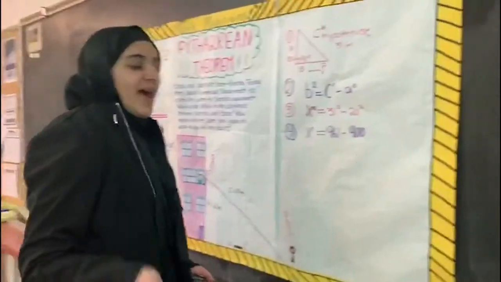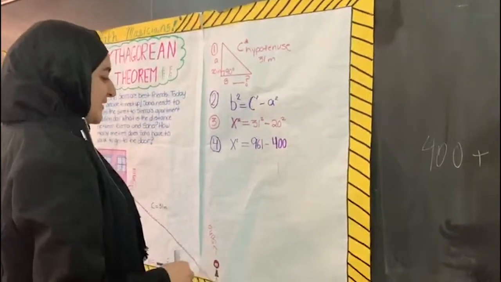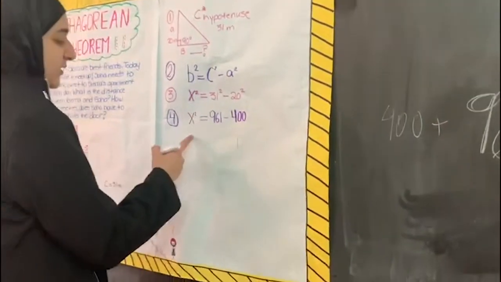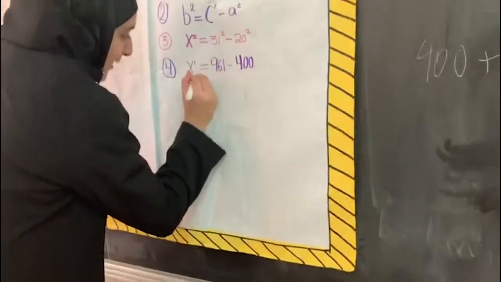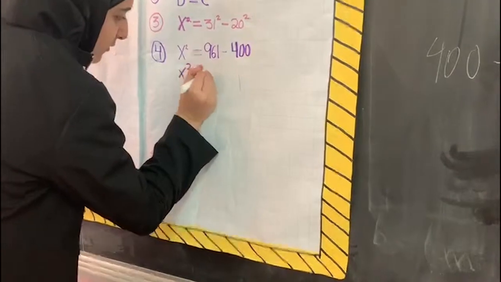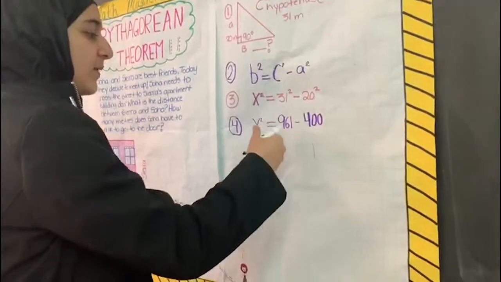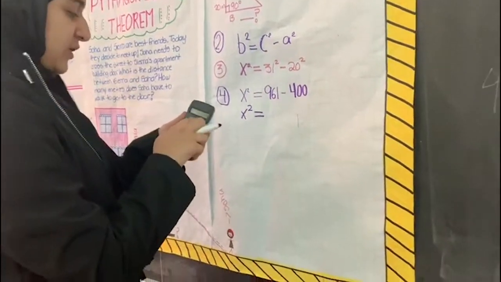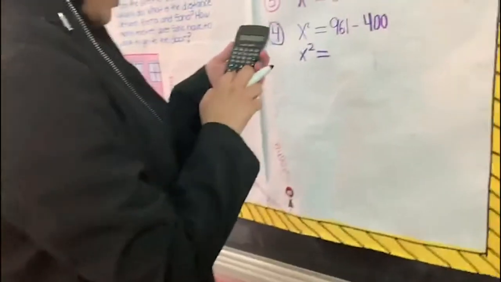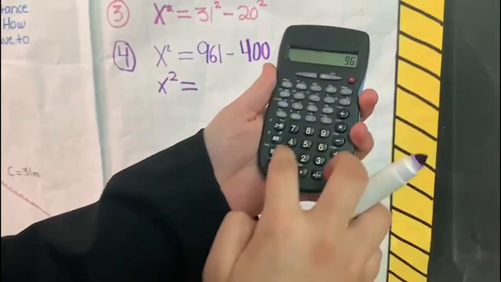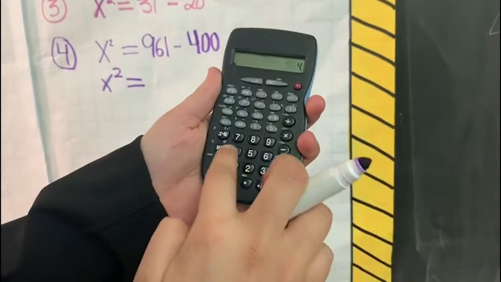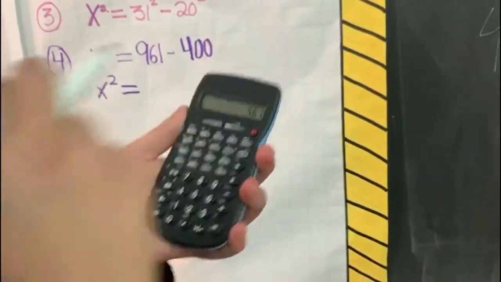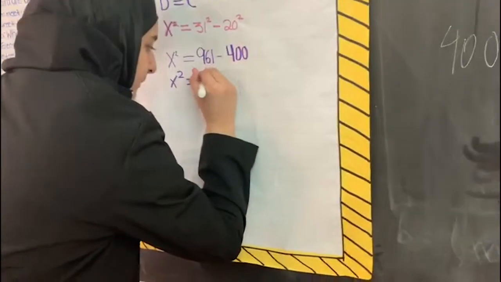Okay, so I'm back, and now we're going to continue on. So we still don't know what X is yet, so we're still gonna write X squared, again making sure our equal signs are lined up. So now we're gonna figure out what 961 minus 400 is. Let's punch that into our calculator. So that'd be 961 minus 400 equals 561.